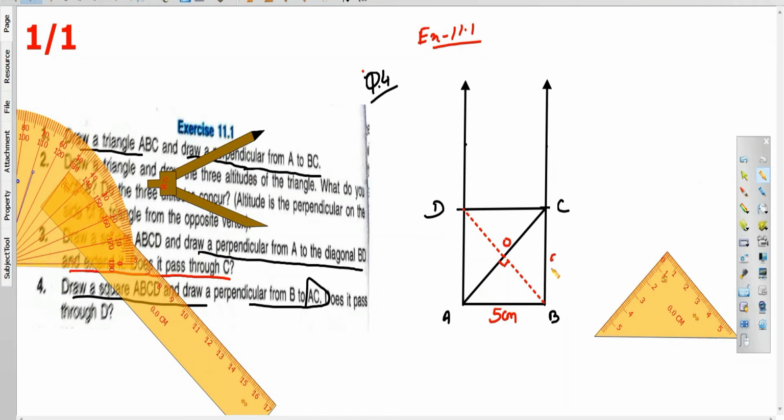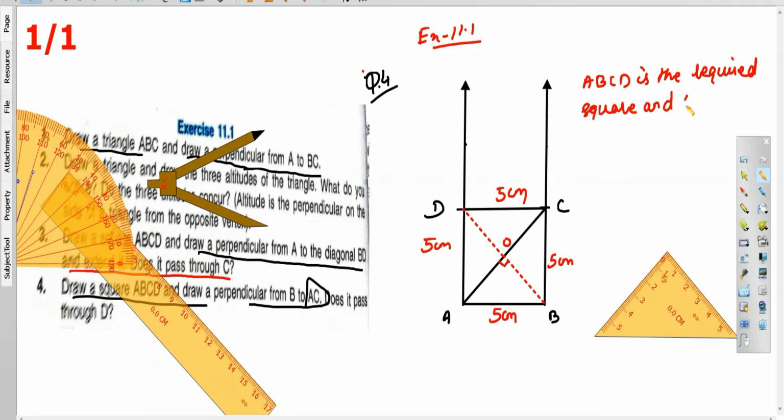So that is what we will write down. This was the square, each of side 5 centimeter. We can write down: ABCD is the required square. This was the first statement.